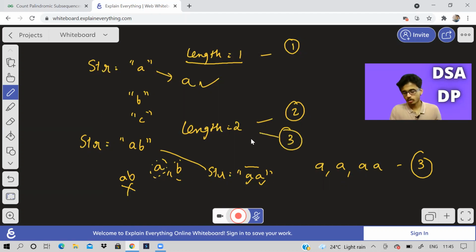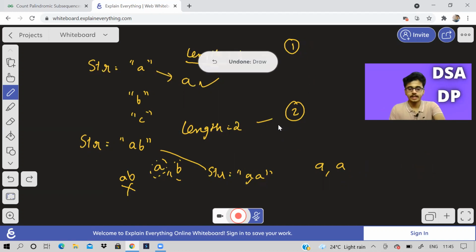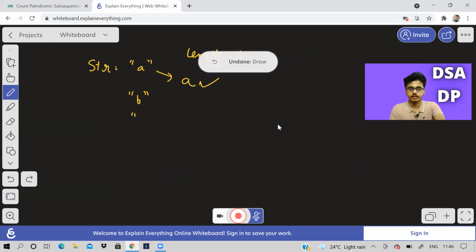So what we understood is that if the length of the string is 2, then the answer can be 2 or 3 depending upon whether the first and last characters are the same, then it will be 3, otherwise it will be 2. So these things we already know now. This much is done. Now what about other lengths? So let us take examples of other lengths.